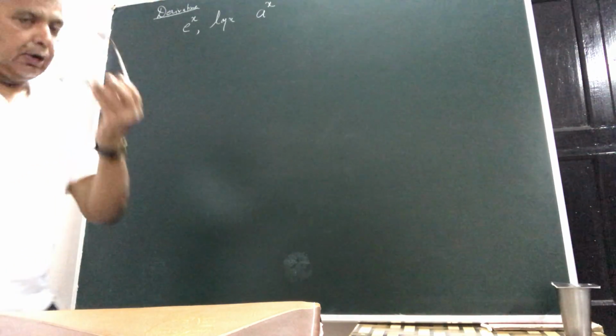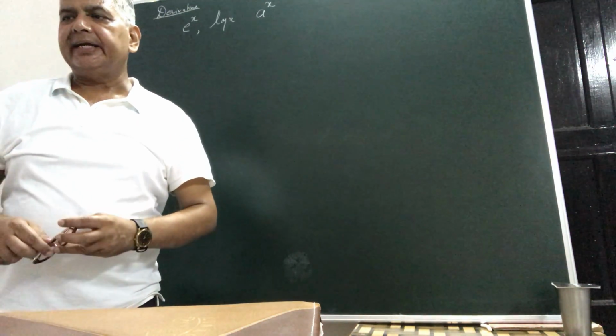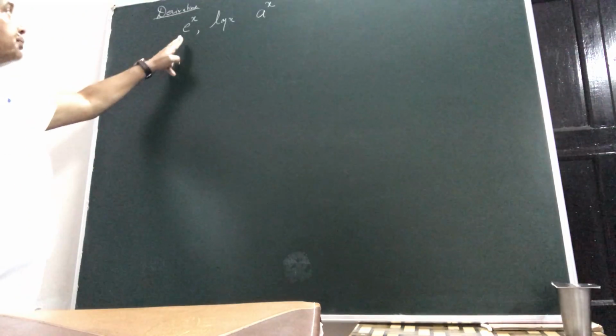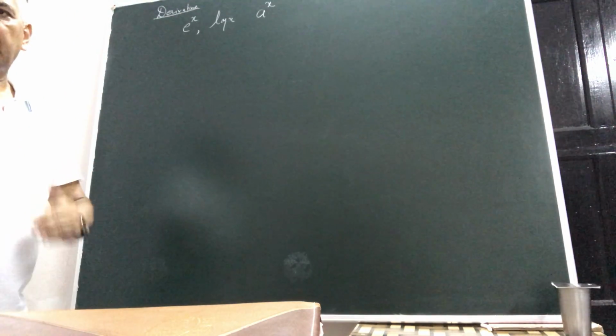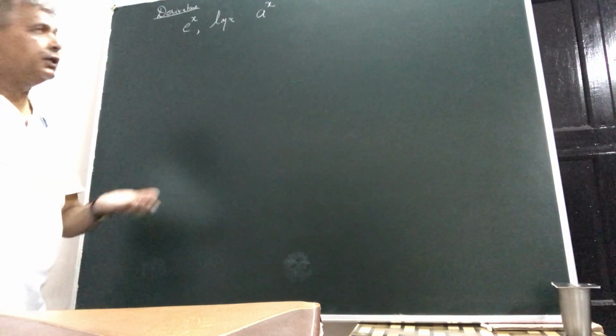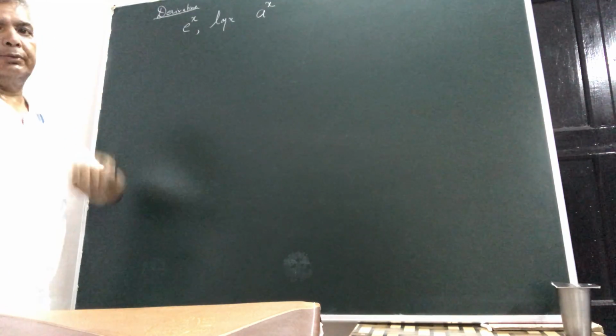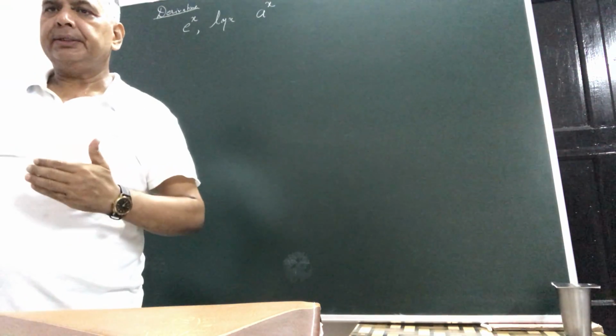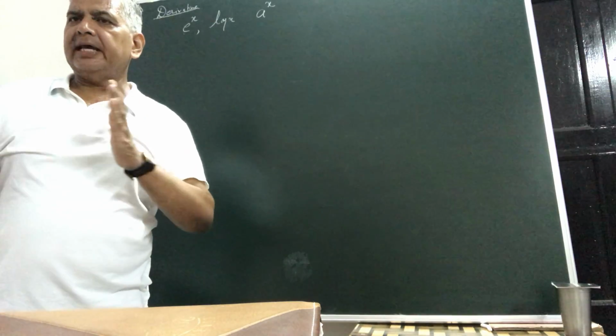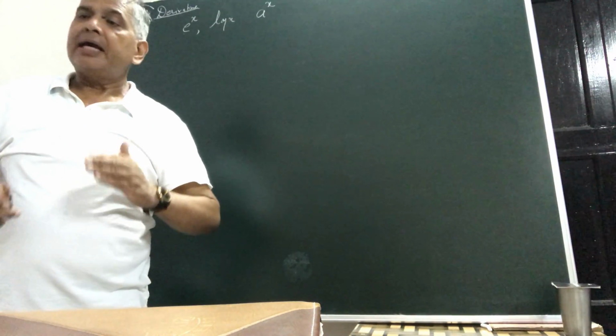You know it. Now the question is, at the very outset I did tell you that we cannot actually find the derivative of this exponential function and logarithmic function unless we know their expansion.